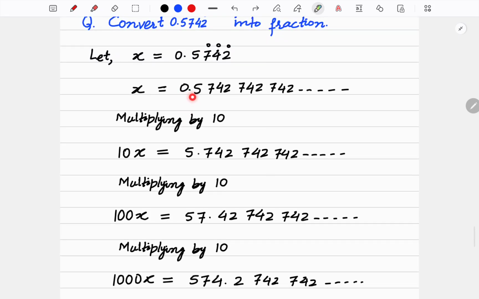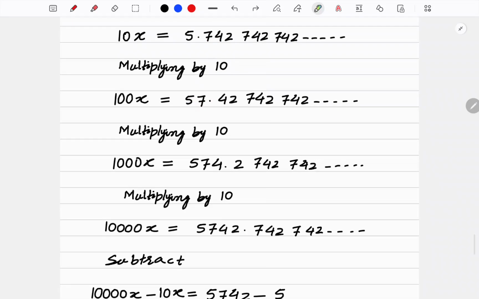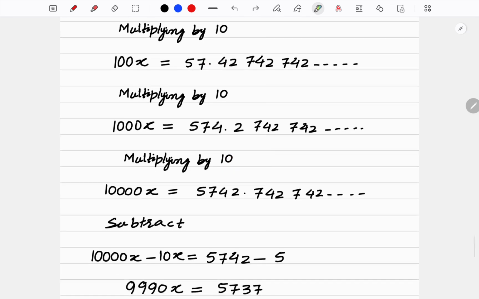If you multiply the decimal part by 10, 0.57 multiplied by 10 is 5.7, 0.574 multiplied by 10 is 57.4, and 57.4 multiplied by 10 is 574.2. So on multiplying by 10, the decimal keeps moving inside.